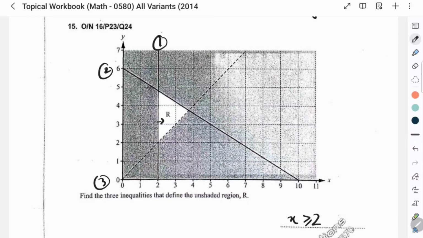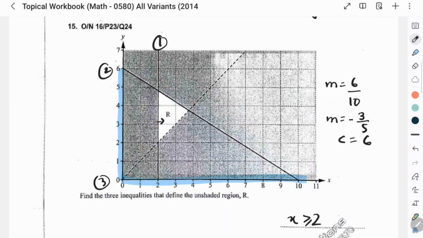Now we can see the second line has the negative gradient, because it's rising from the left. Rise is 6 and run is 10, and negative, so minus 3 upon 5, and the y-intercept is 6.